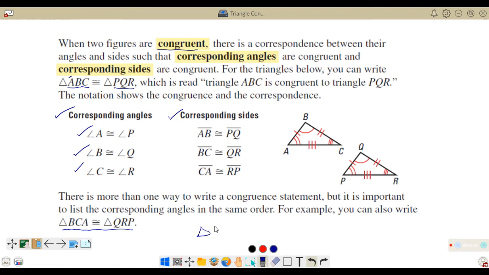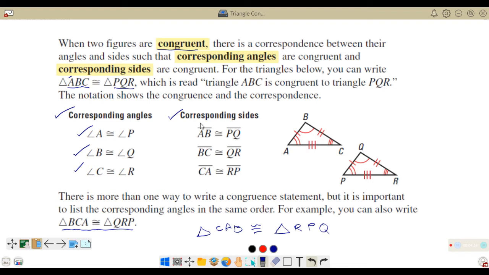Napakaraming possible na combinations nito. You can write this as CAB is congruent to triangle RPQ, since R is congruent to C, P is congruent to A, and B is congruent to Q.